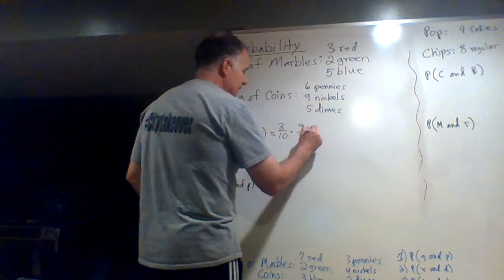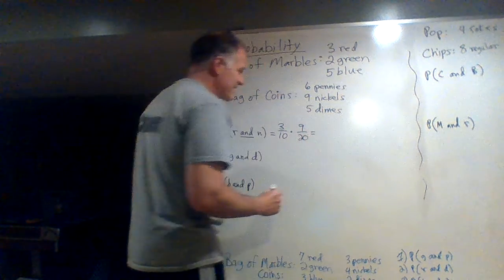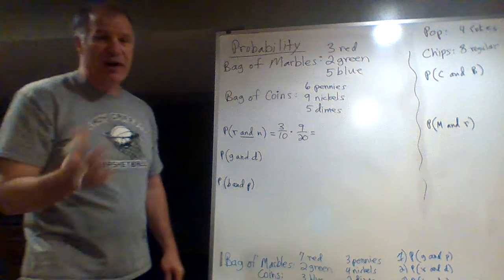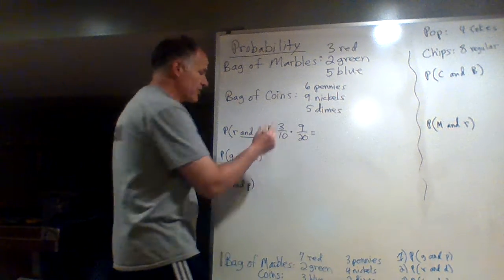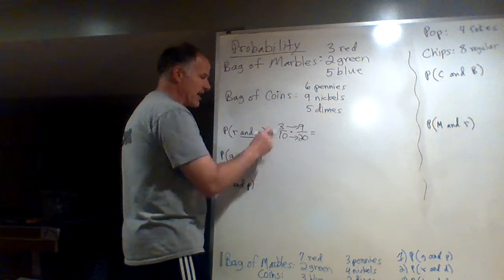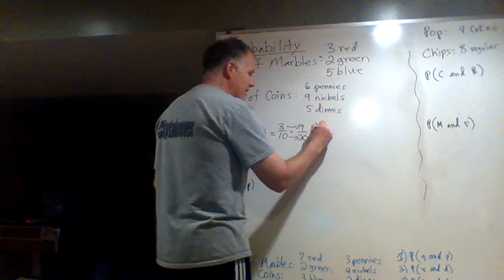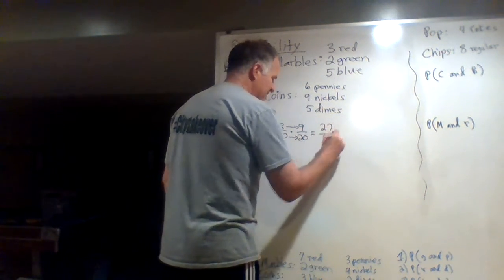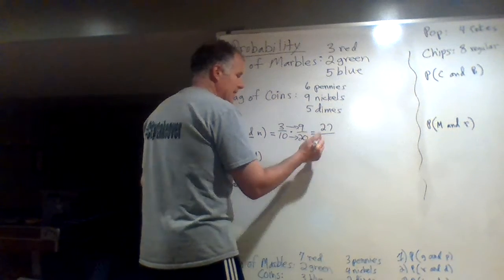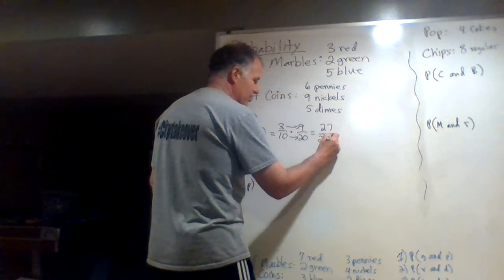Now what's nice, guys, you just multiply. And if you remember, fractions are very easy to multiply because you just multiply across the top and you multiply across the bottom. So 3 times 9, 27. 10 times 20, and again, you can just do that on your calculator, 200.